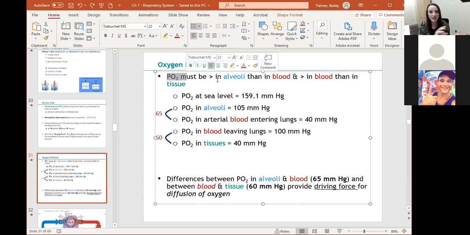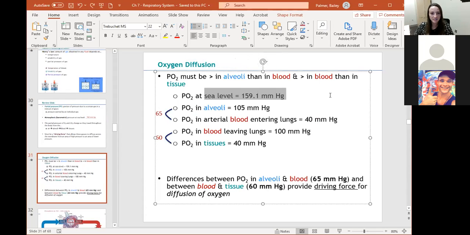We have to have it greater in the alveoli than in the blood because we want that pressure to move from the alveoli into the blood, moving from high to low areas. We have to get the oxygen from the alveoli into the blood and then from the blood into the tissue, because if we don't get that oxygen into the tissue, then we can't have working muscles.